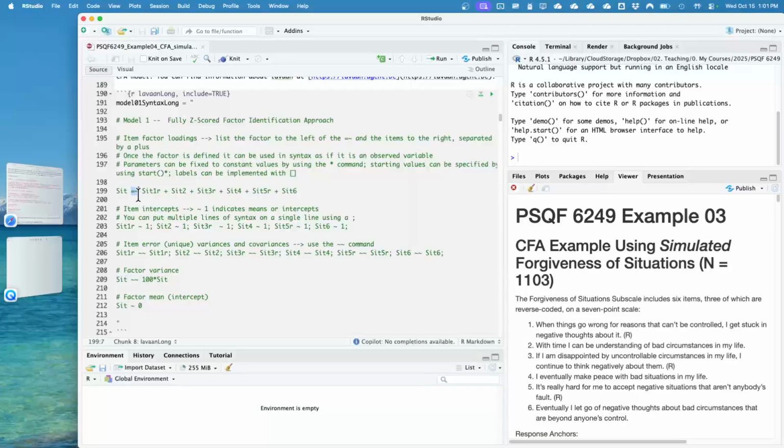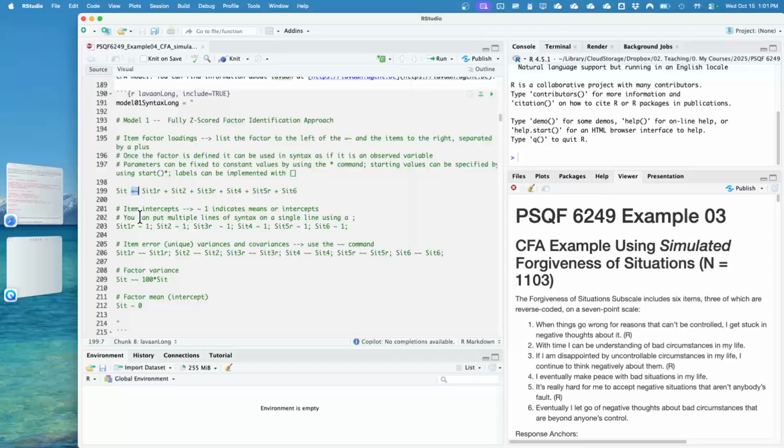What you use is an equal tilde command. Remember, in path analysis, the tilde was reserved for intercepts or predictors, what's being predicted. In factor analysis, this says I'm defining a latent variable by all these items.